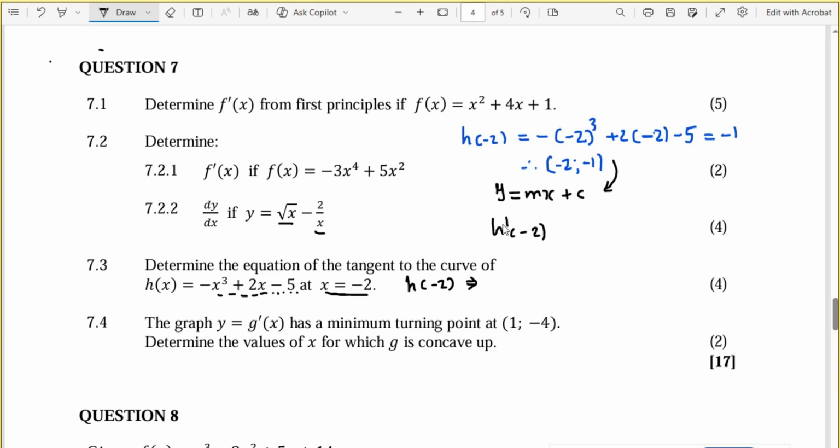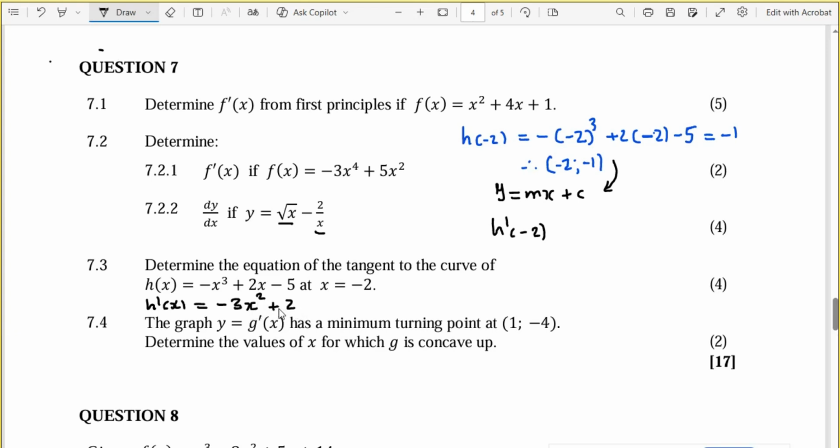So we need to find the derivative of that h. Then after having my derivative, I'm going to substitute where there's x, I'm going to put minus 2. So the derivative h prime at x will be equal to negative 3x squared, then plus 2.